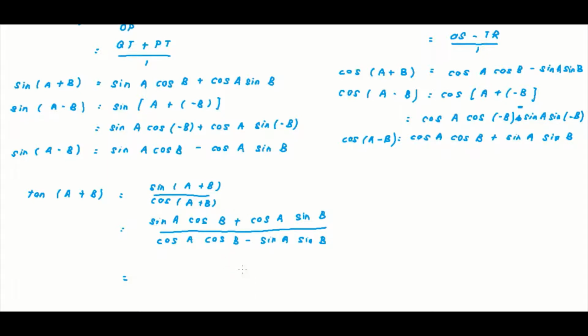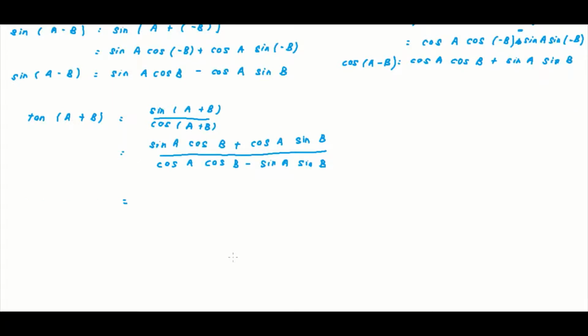So since we already know that sine over cos will give us tangent, that's why we try to divide the whole expression here with cos A cos B. So meaning that I'm trying to do this over cos A cos B. Same thing for the other one, cos A sine B, I'm going to divide also for cos A cos B. Divide by the whole thing.